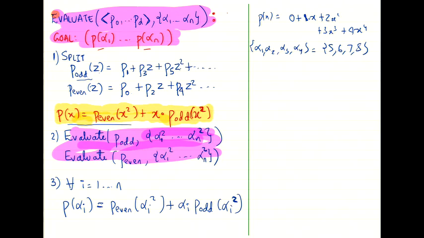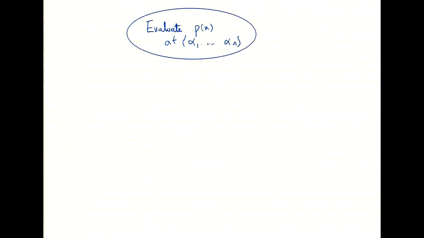Okay? And so, just to tell you what happened here. What happened here is you wanted to evaluate p of x at alpha 1 through alpha n. Okay, and that reduced to two different evaluation problems. Evaluate p odd, which is of half the degree.